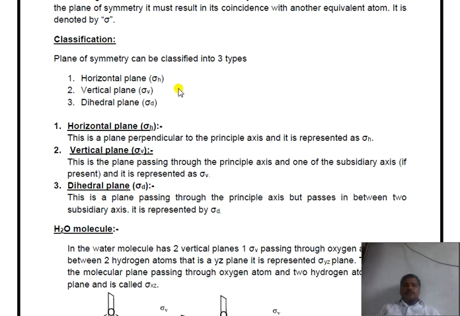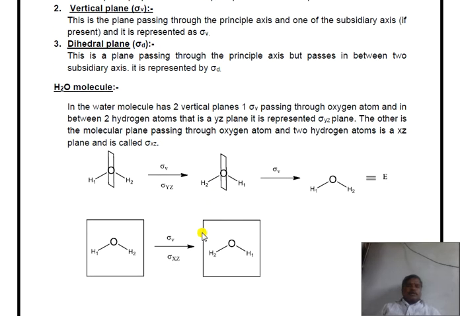For the other two planes of symmetry, we do not talk about a subsidiary axis. So like that, we can see different molecules having horizontal, dihedral or vertical planes of symmetry.